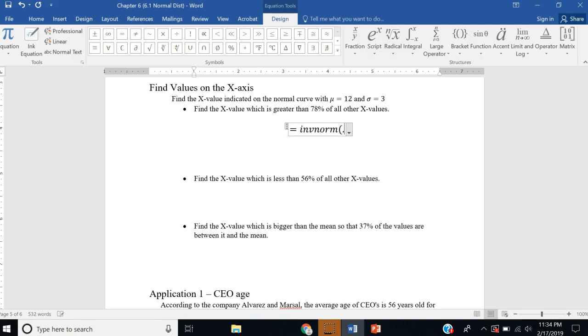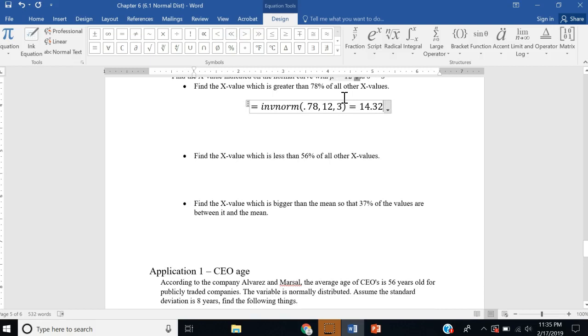The area to the left is 0.78. My mean is 12. My standard deviation is 3. And so the x value that you get is 14.32. So the x value which is greater than 78% of all other x values is 14.32 if the average is 12 and the standard deviation is 3.